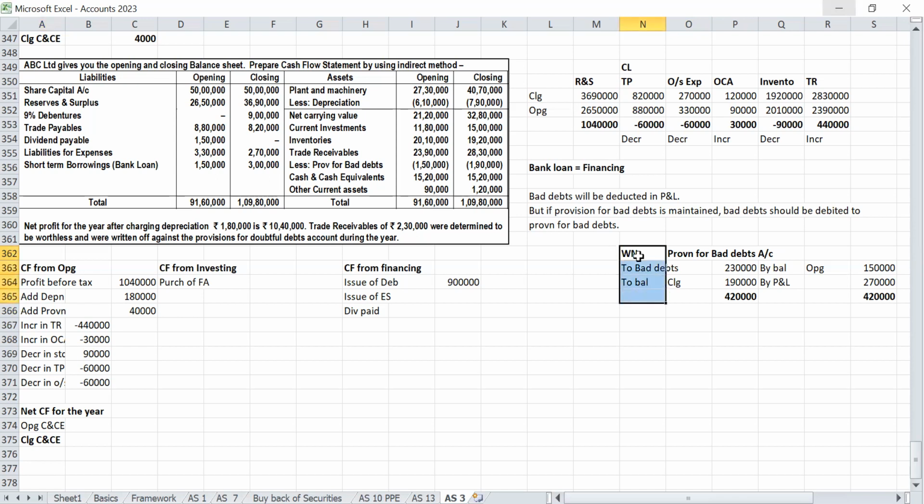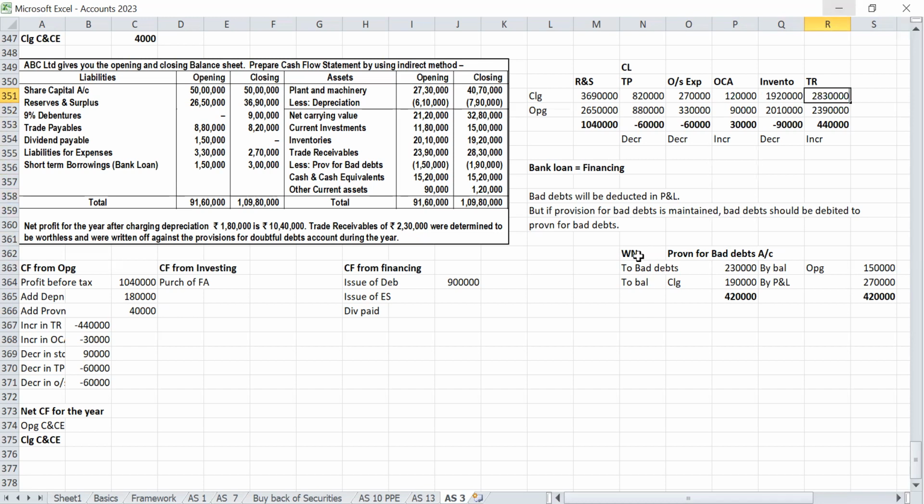I was confused there, sir. I took that figure of 2,70,000 and that's the difference I was getting in my net cash flow. Okay, so you considered 2,70,000. If you consider 2,70,000, the trade receivable opening balance should not be 28,30,000.